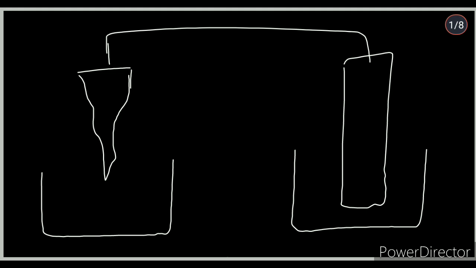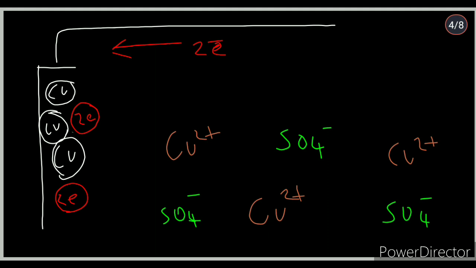In progress, the zinc metal strip starts to decay and after some time there is nothing left there. Now let's look at what happens to the electrons which move to the copper strip.